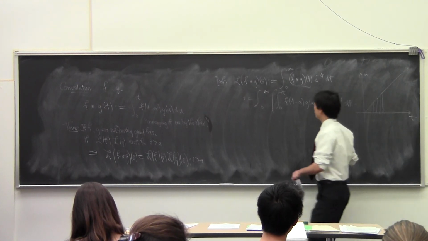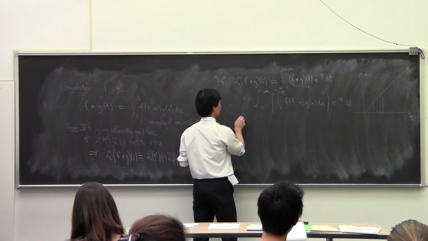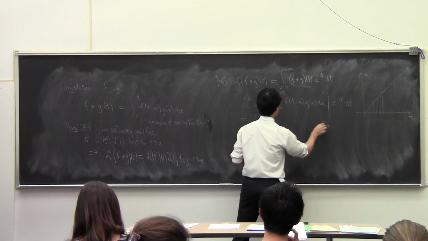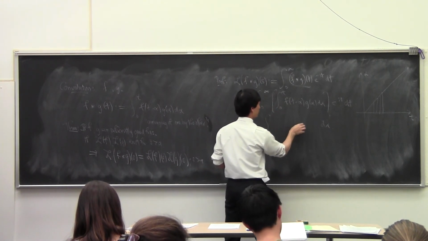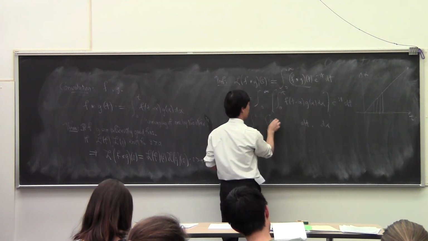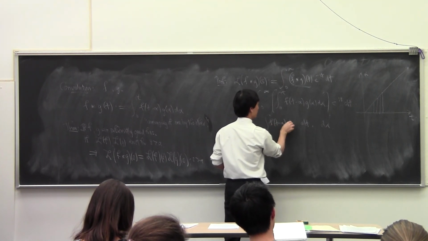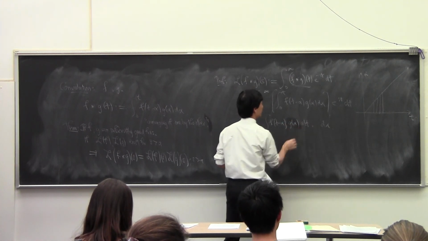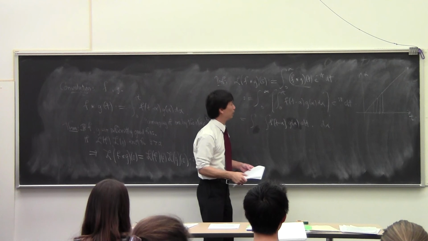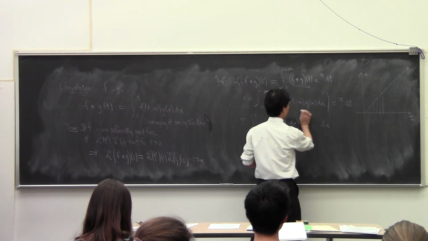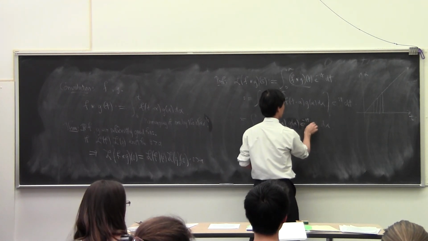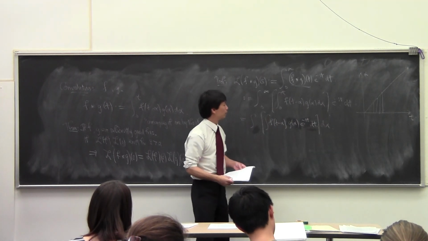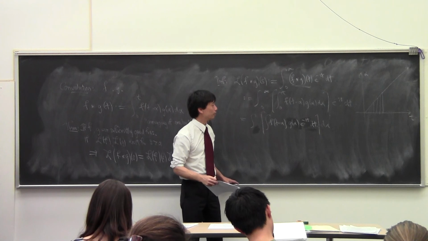So if I'm going to do it in the opposite direction, if I'm going to change the order, I'm going to do the alphas on the outside and then the t's first. The t is on the inside, so that's f(t minus alpha) g(alpha). I'll put everything involving alpha inside for now.